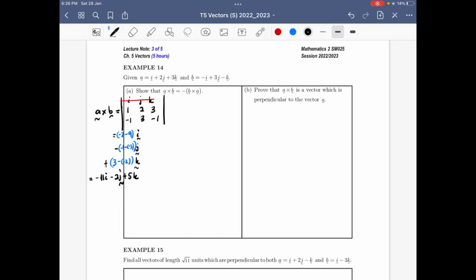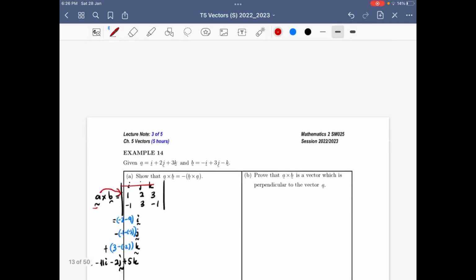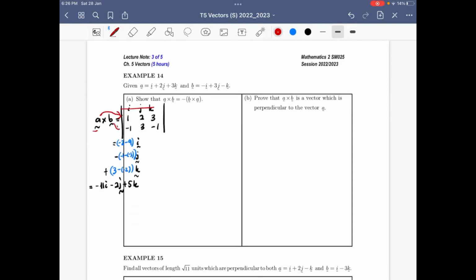Okay, we try to find B cross A. Remember, if A is here, then A should be the first one that we write down the vector. Then B will be below here. Okay, if you interchange, then the value will not be similar. Maybe we should put the negative sign. So here, that's the thing that we want to see.